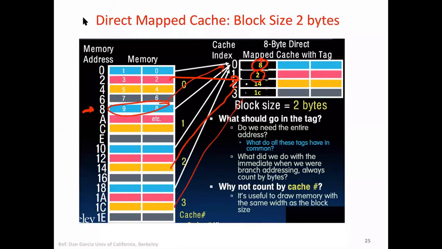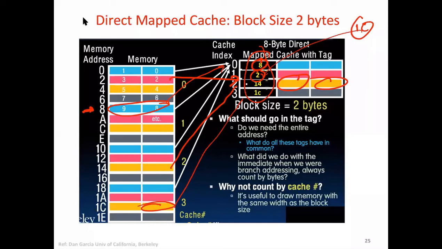Now we have added the tag here, which is the full address. So if a request comes for, say, location 1C, 1C is actually here. Then we can check the 1C in the tag, and then we can look at the offset here, and then we can supply the right byte among the two.